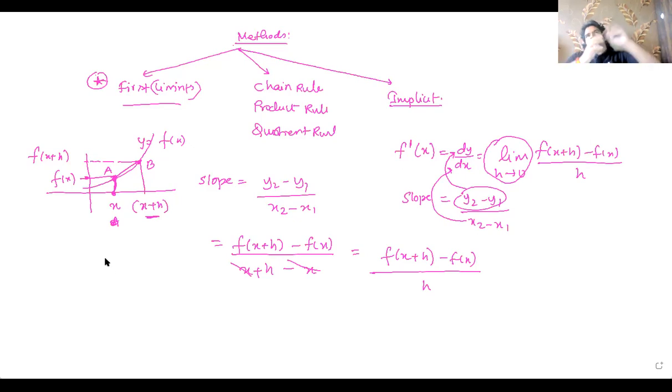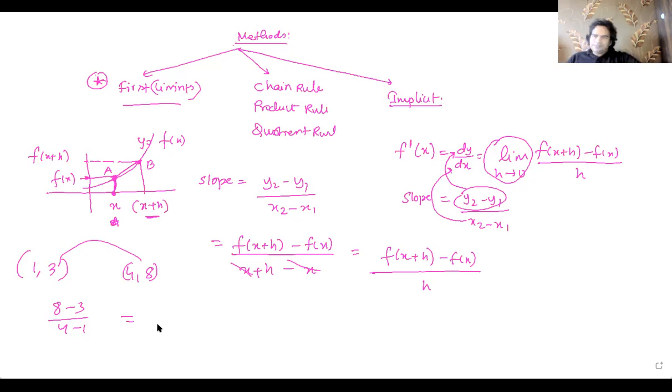Average rate of change is basically when I know the x value and the y value at different intervals. For example, at a certain time x was 1 and y was 3, and then x is 4 and y is 8. The average rate of change of y with respect to x is 8 minus 3 over 4 minus 1. But this is straightforward slope application, like how you did y2 minus y1 over x2 minus x1.